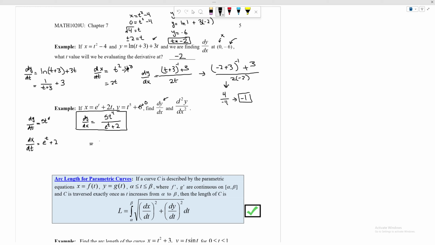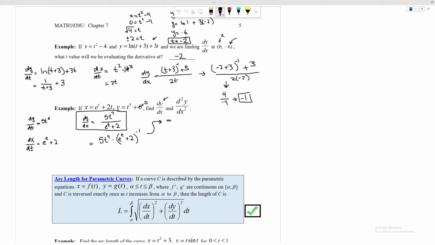So let's differentiate this. What we'll have is 5t^4 times (e^t plus 2) to the negative 1. And now what you got to use here is chain rule. If I remember it, no, sorry, you use product rule, and then you also use chain rule, because we're multiplying two different expressions. So let's use product rule, and then we'll use chain rule.